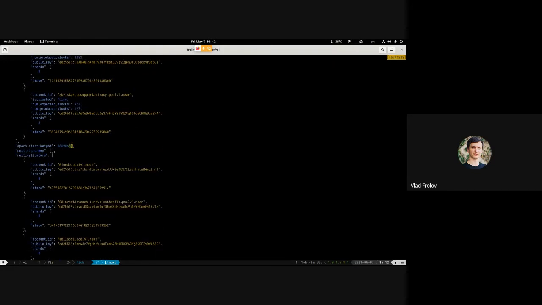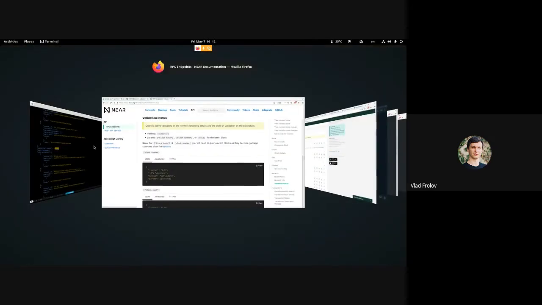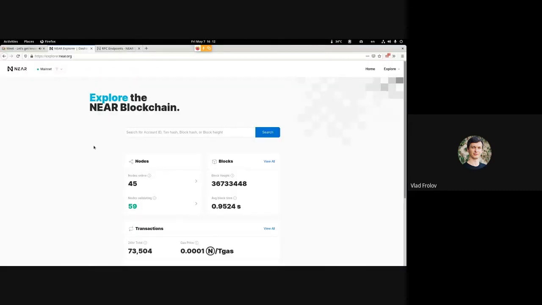So here we are. This is 36 million 690, the block where this current epoch started. Currently, it's 36,733 blocks, so we are in the middle of it.